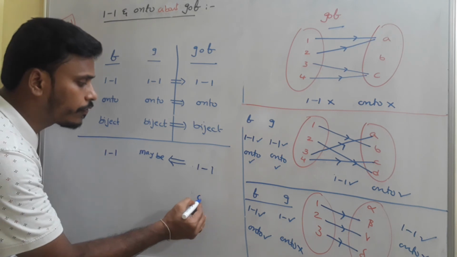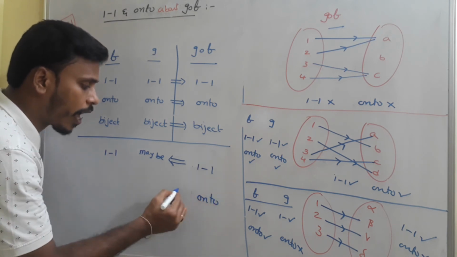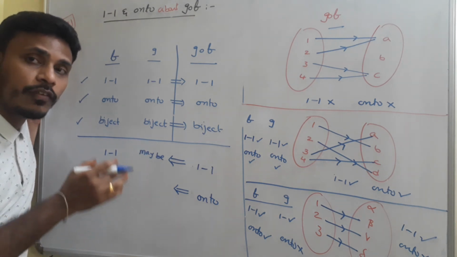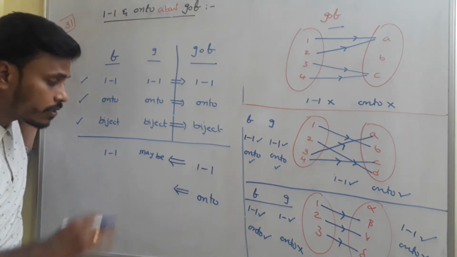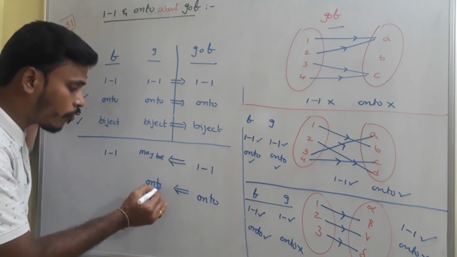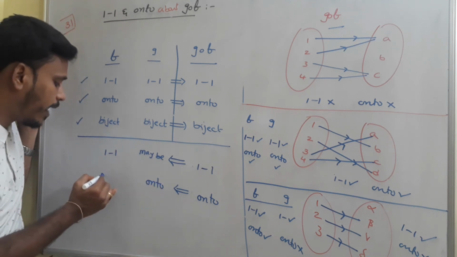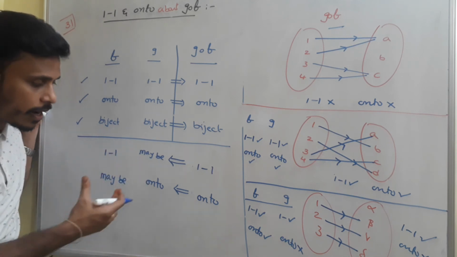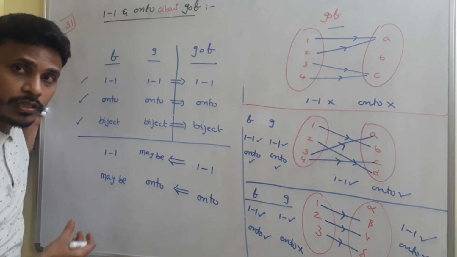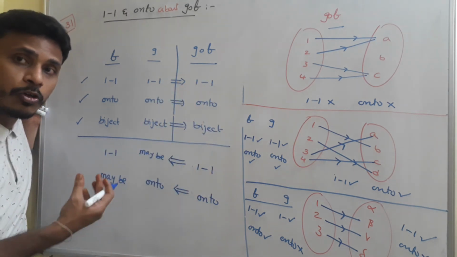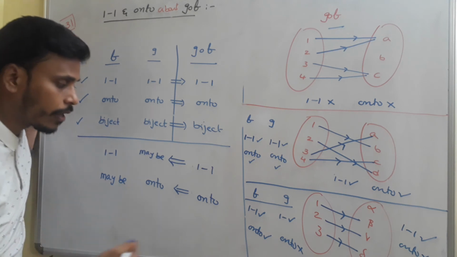Then if G circle F is onto, we are guaranteed about the onto nature of G, but we are not guaranteed about the onto nature of F. All these will happen just by analyzing different examples, right? If you observe these different examples as we discussed, automatically you are able to conclude all these statements, right?